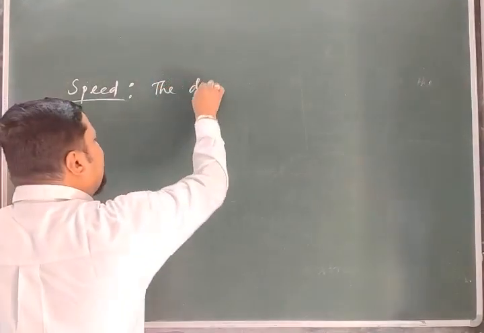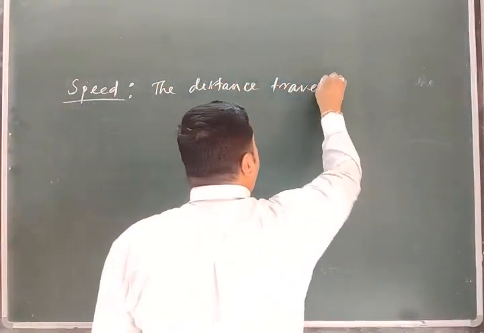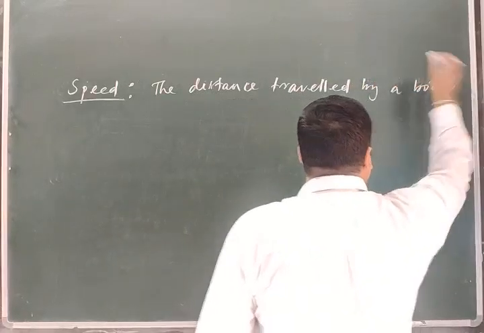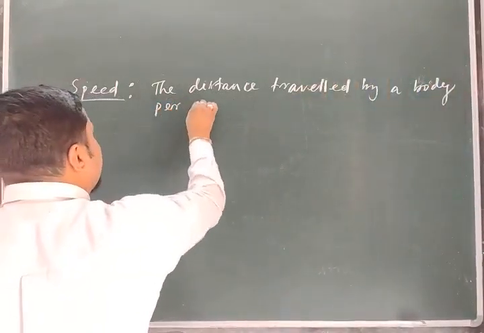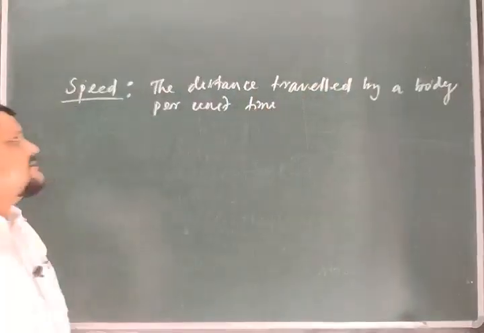The distance traveled by a body per unit time is called speed. Per unit time means divide.